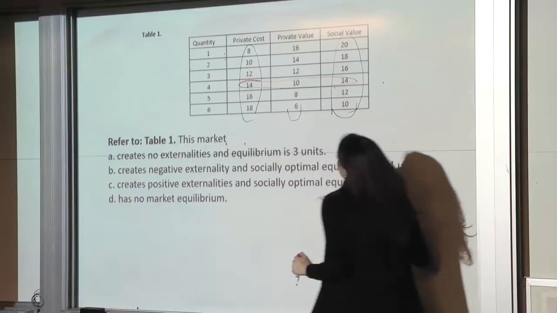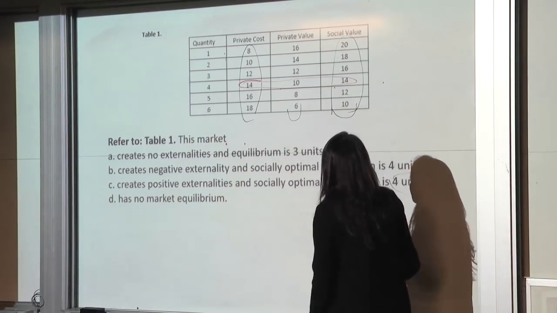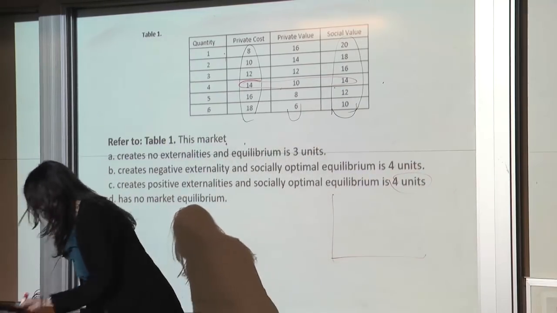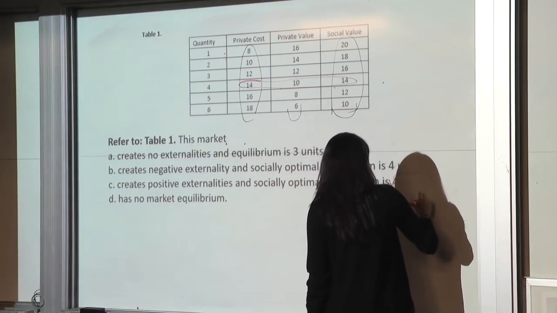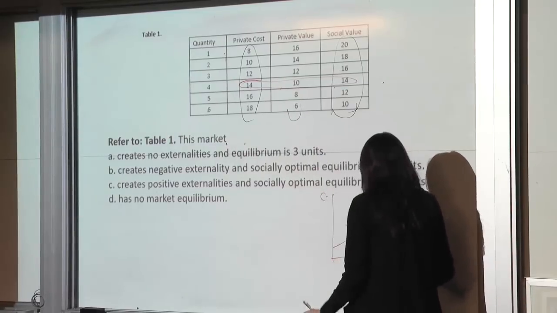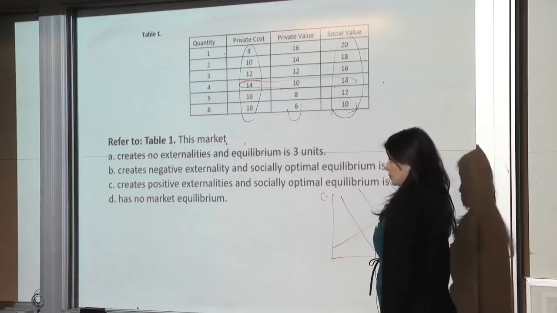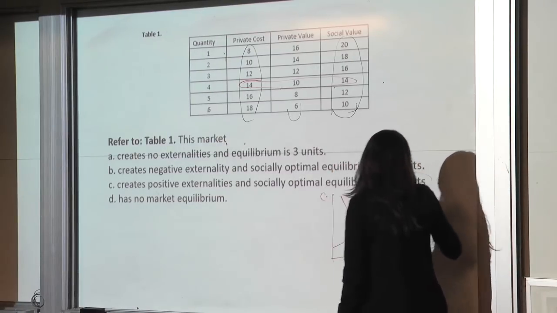Okay, so here we have a market in which we have basically the private cost here, right? Cost and quantities, and the private value and the social value, right? In a market, you have to compare the cost.